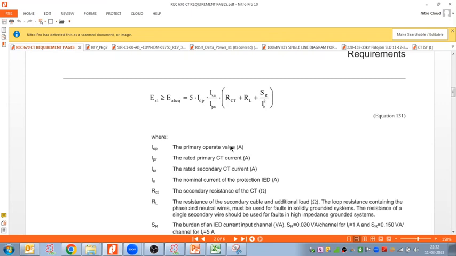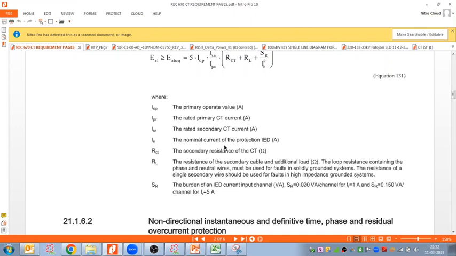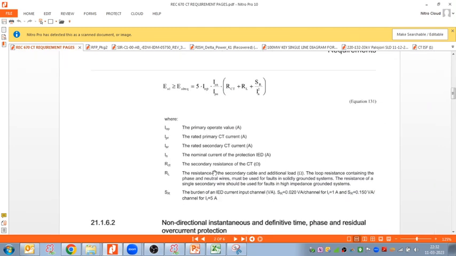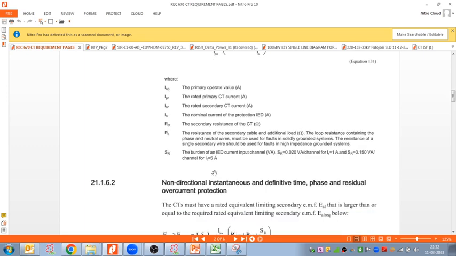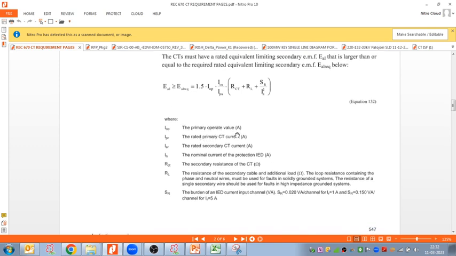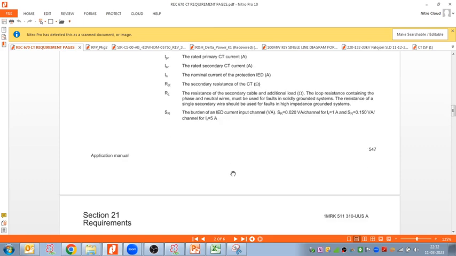IOP is the primary operated value, with CT current IPR, ISN, RCT, RL.